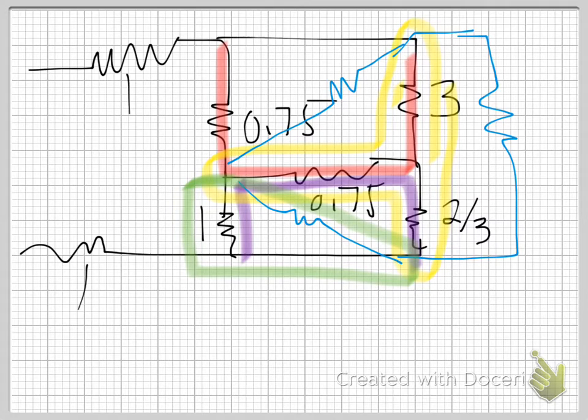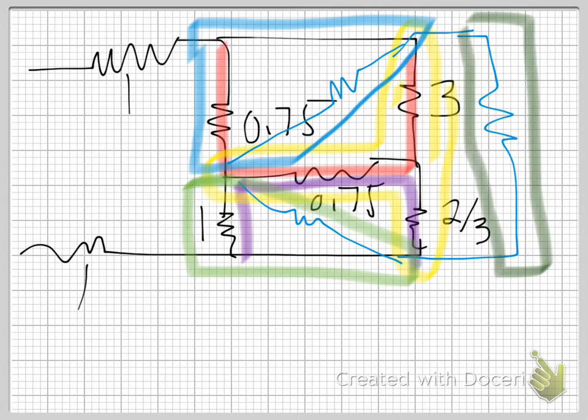Then we'll end up with, no, I already used red, no, not yellow, blue, these in parallel. And then after that, we'll end up with this being in series with our result.